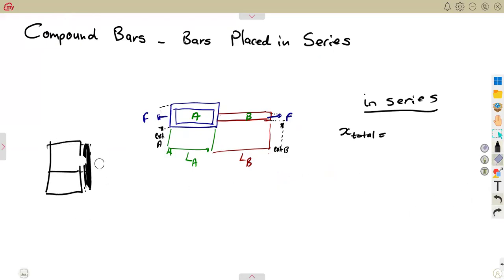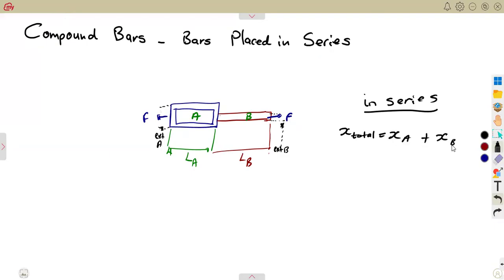So we can have this as XA plus XB. Extension, change in length at A plus the change in length at B.